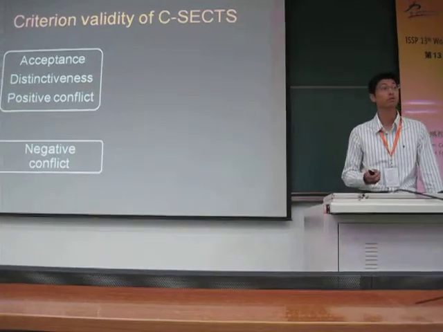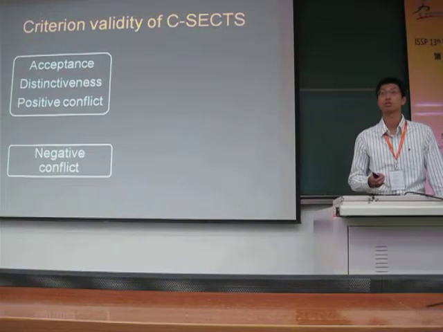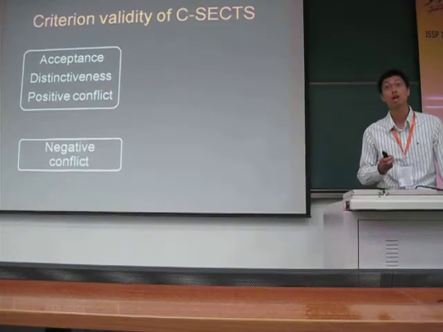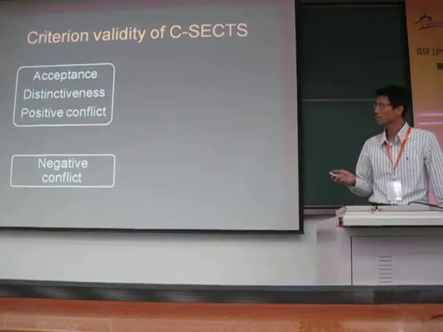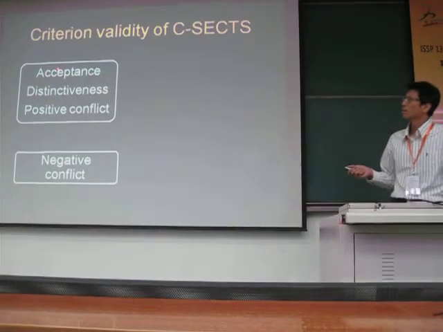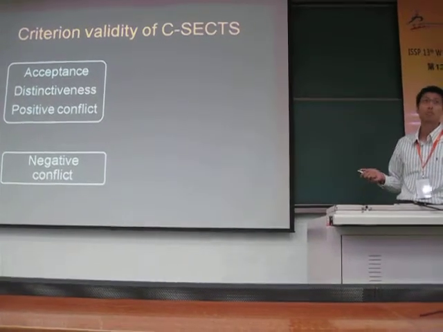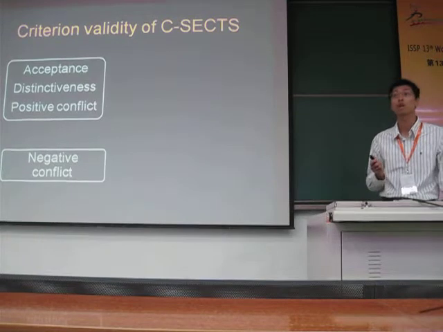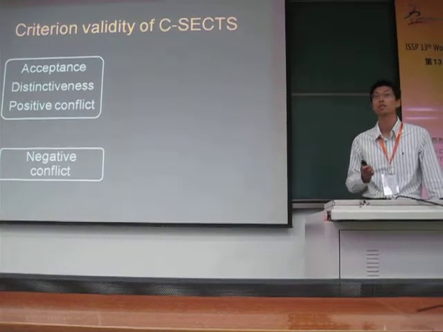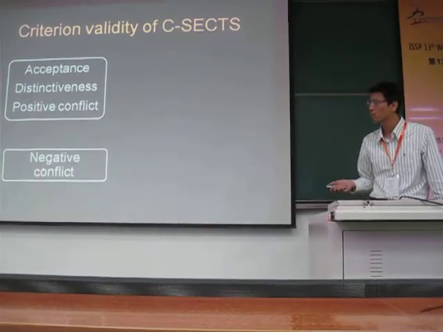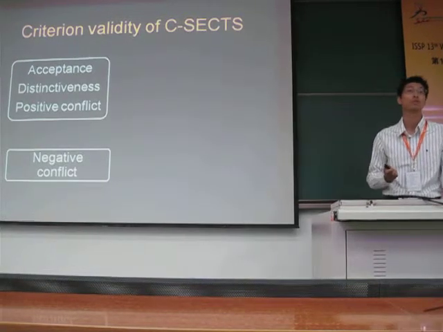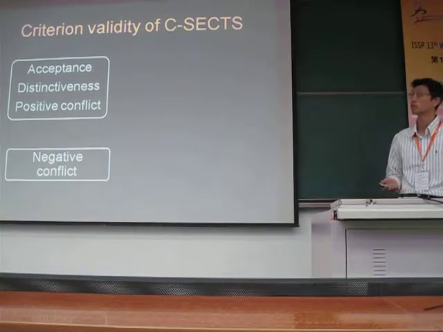According to Sullivan and his colleagues' work, we hypothesized that the 3 positive communication behaviors would have positive correlation with team cohesion, and the negative conflict behavior would have negative correlation with team cohesion.